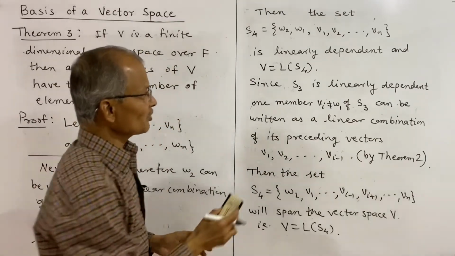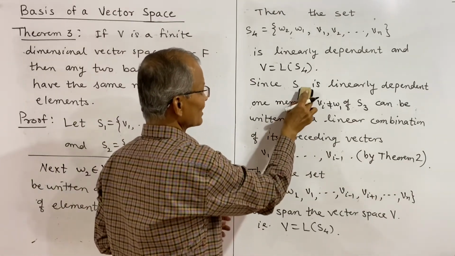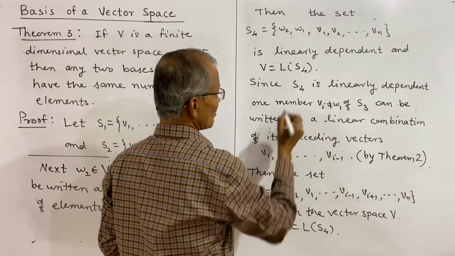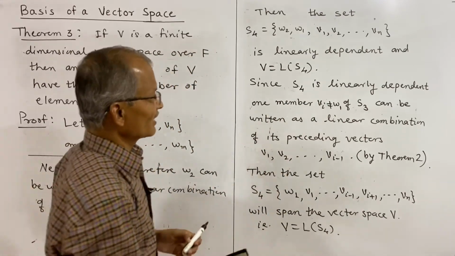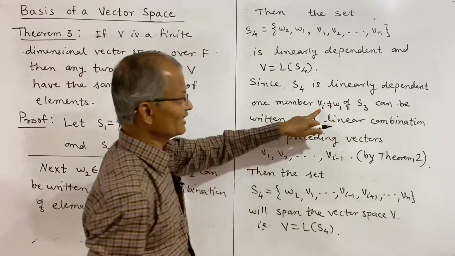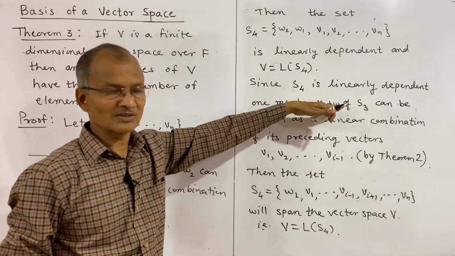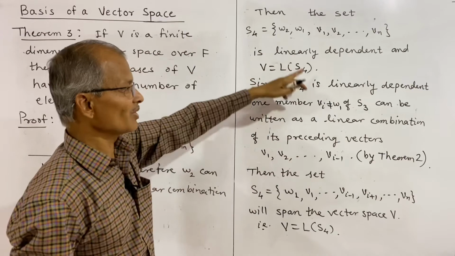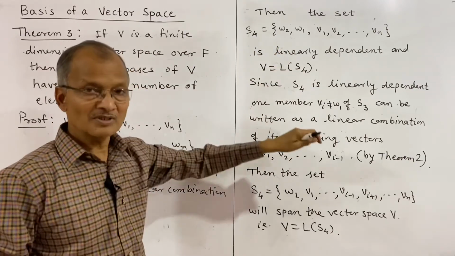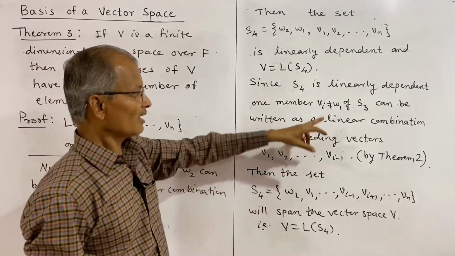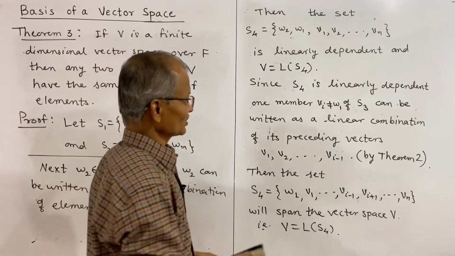Again, since S4 is linearly dependent, one member of S4, and that member we will denote by Vj, because Vi was denoted as a member of S3, we shall denote Vj as a member of S4. This is notation.